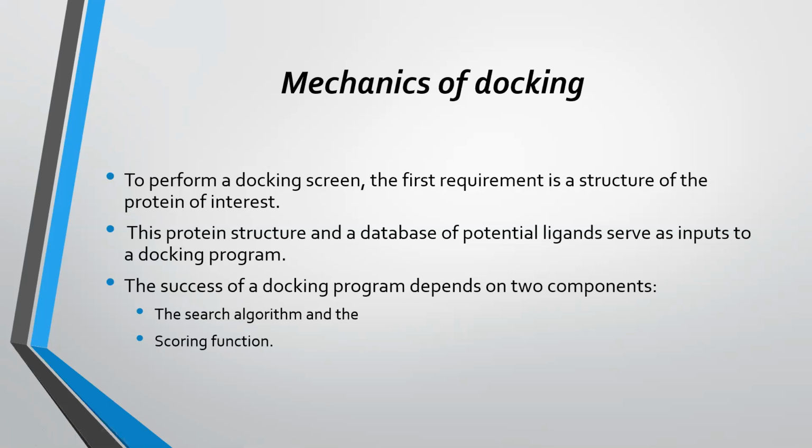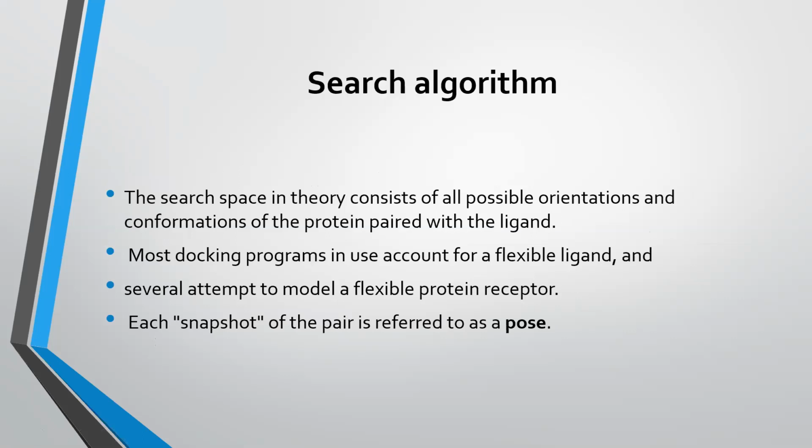What is this search algorithm? The search space consists of all the possible orientations and conformations of the protein in combination with the ligand. Most of the docking programs use the flexibility of the ligand, and several programs also try to model the flexibility of the receptor.